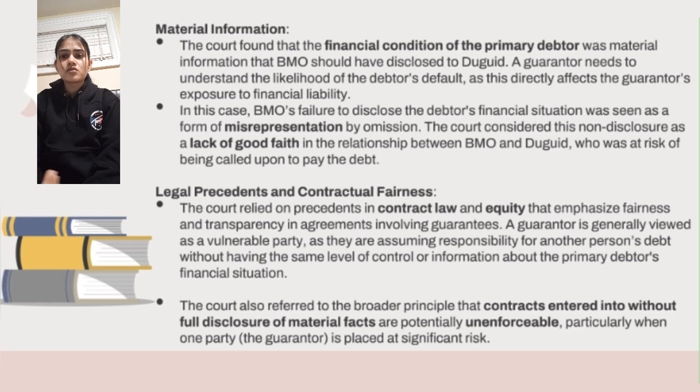The court also referred to the broader principle that contracts entered into without full disclosure of material facts are potentially unenforceable, particularly when one party, the guarantor, is placed at significant risk.